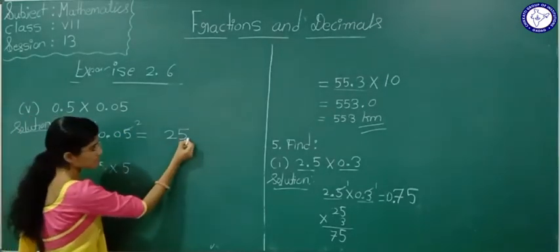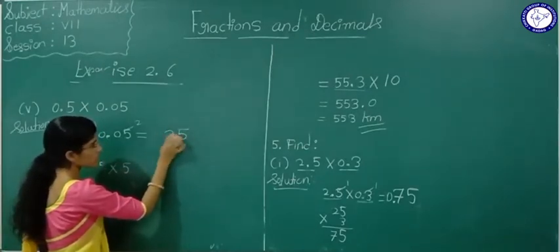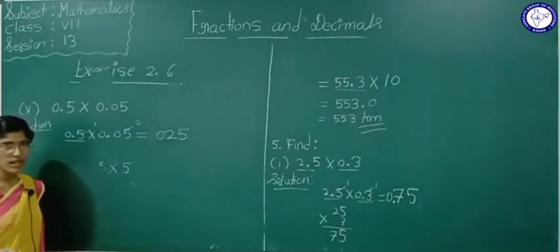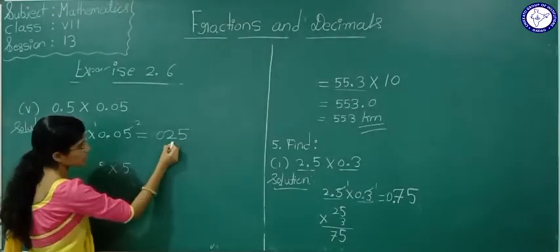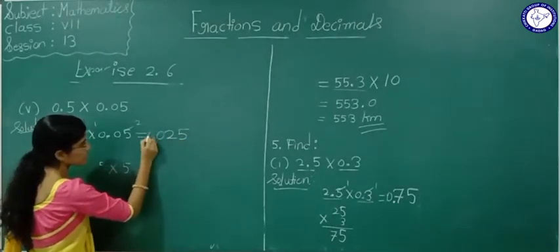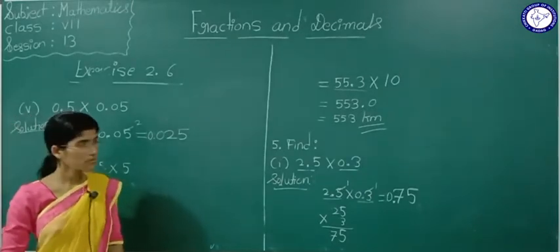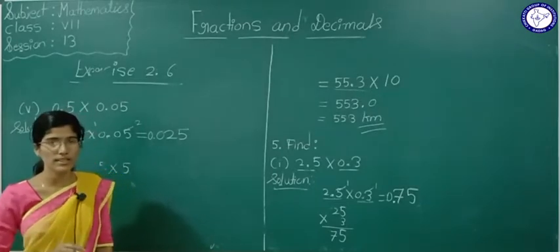From the back side, after 3 places you have to give the decimal point. 25 is nothing but 025, right? From the back side, after 3 places, 1, 2, 3, it is nothing but 0.025. Understood?